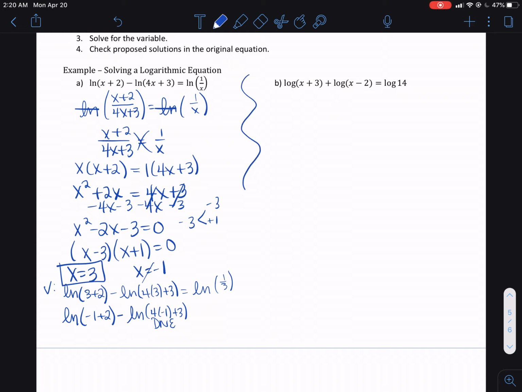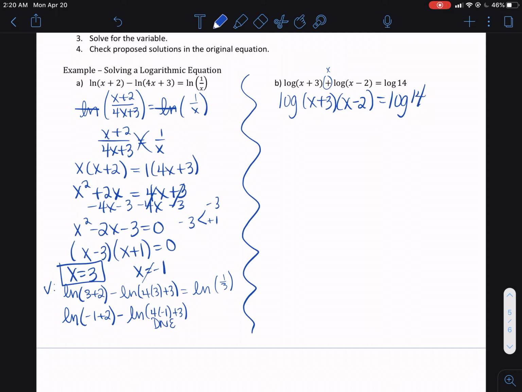All right. And our last one, so log of x plus 3 plus log of x minus 2 equals log of 14. So when we're adding, that means we're going to multiply. So we have log of x plus 3 times x minus 2 equals log of 14.